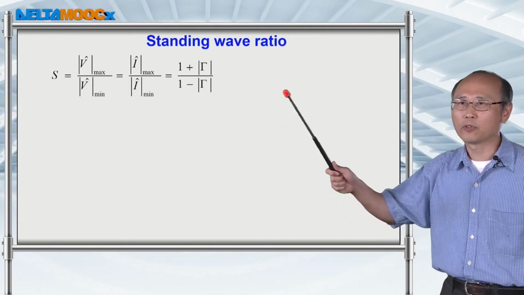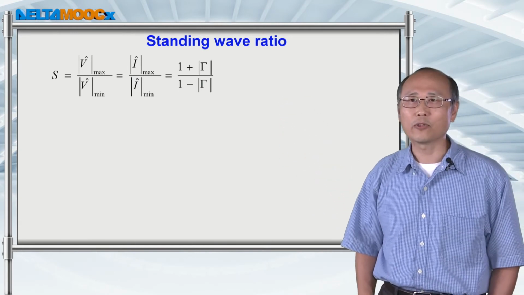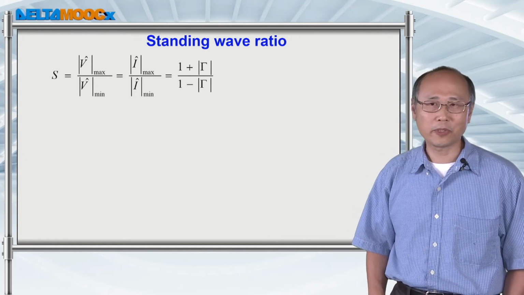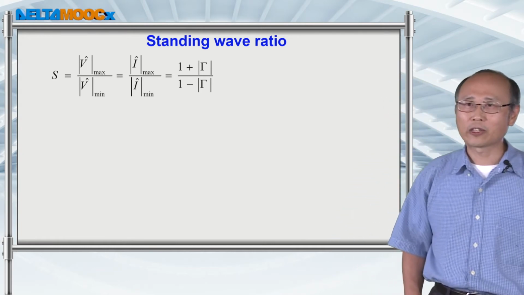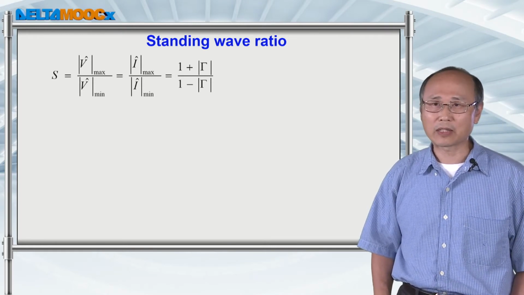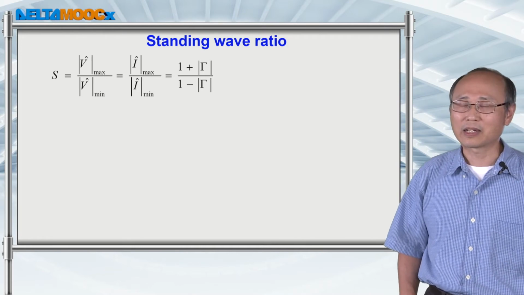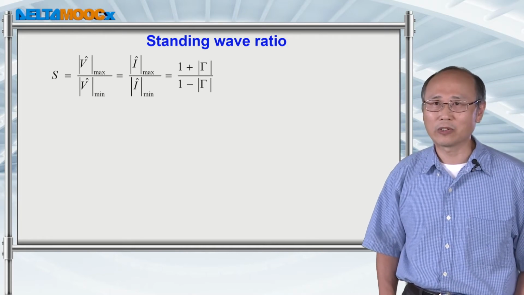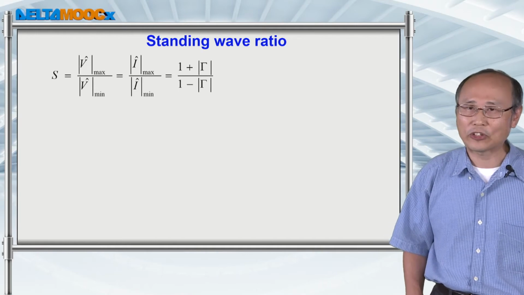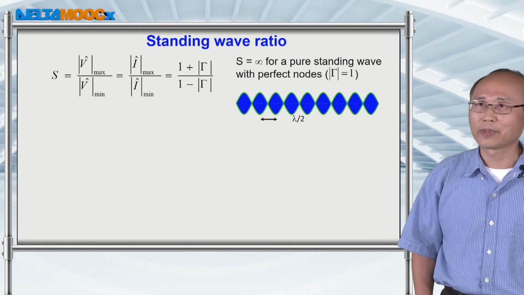Now, we need a way to describe how good a standing wave is, because on a transmission line, the reflection from the load could be 100%, could be 50%, could be some percentage. The reflection of the signal from the load tells you how efficiently you deliver the energy to your application.